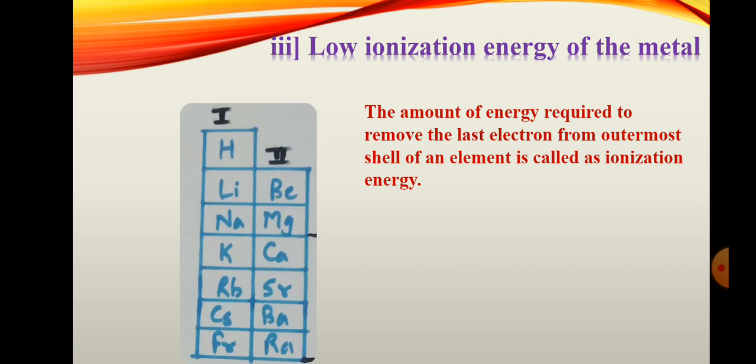So it applies to the first and second group. It was observed that the lower the value of ionization energy of an atom, the greater will be the formation of cation, or the more electropositive the element.